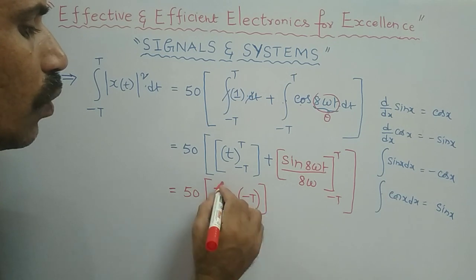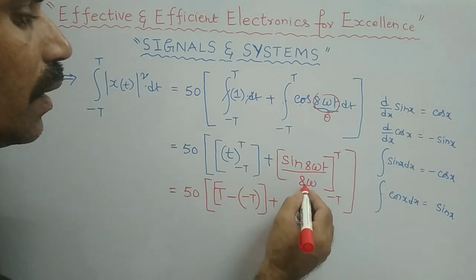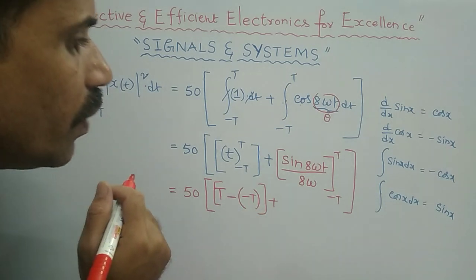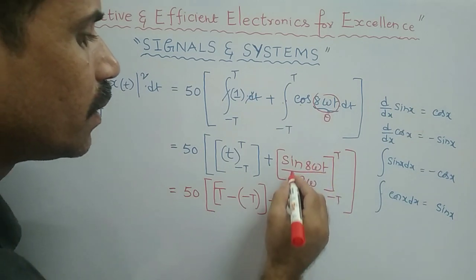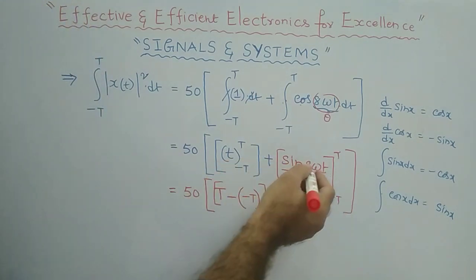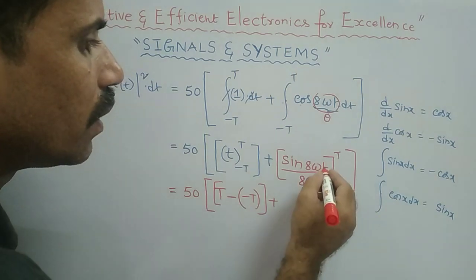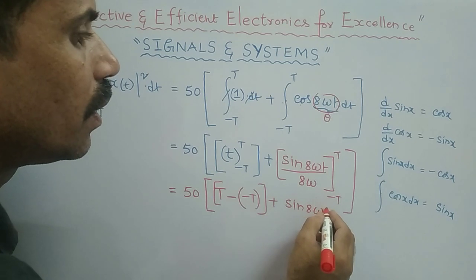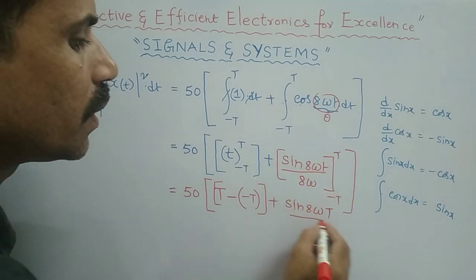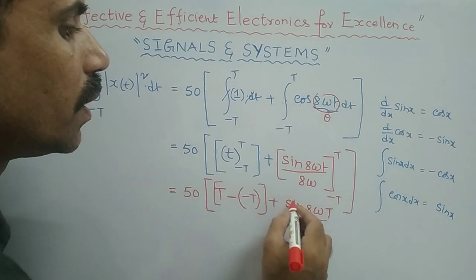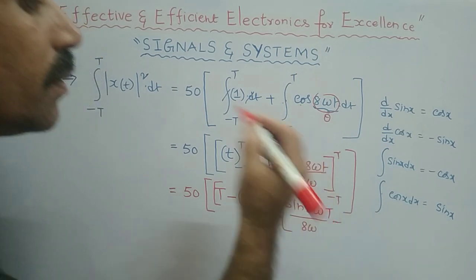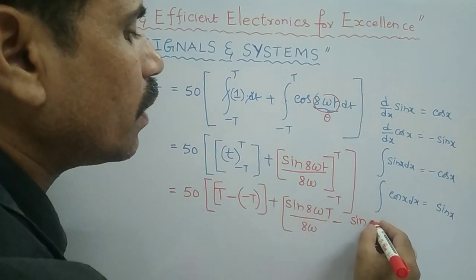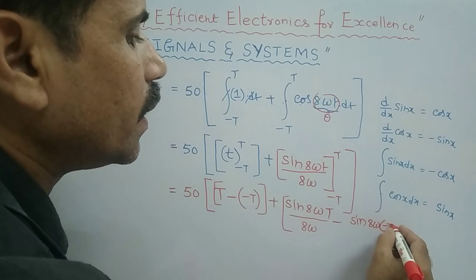Then you close this bracket, and plus. What you will get here is, in omega, or otherwise, you write in place of t: sin 8 omega capital T. You substitute capital T first into 8 omega, clear, upper limit, minus the lower limit, which is sin of 8 omega minus t.